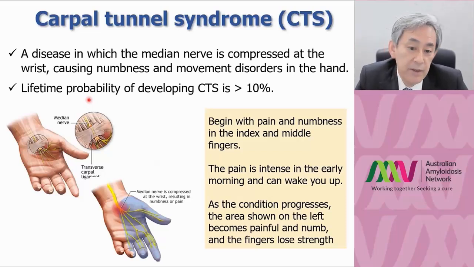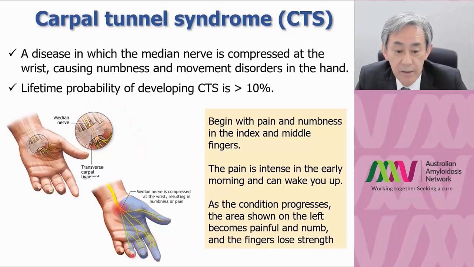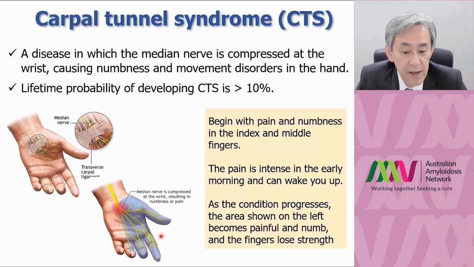The condition begins with pain and numbness in the index and middle fingers, and the pain is intense in the early morning and can wake you up. As the condition progresses, the area shown on the left becomes painful and numb, and the fingers lose strength.